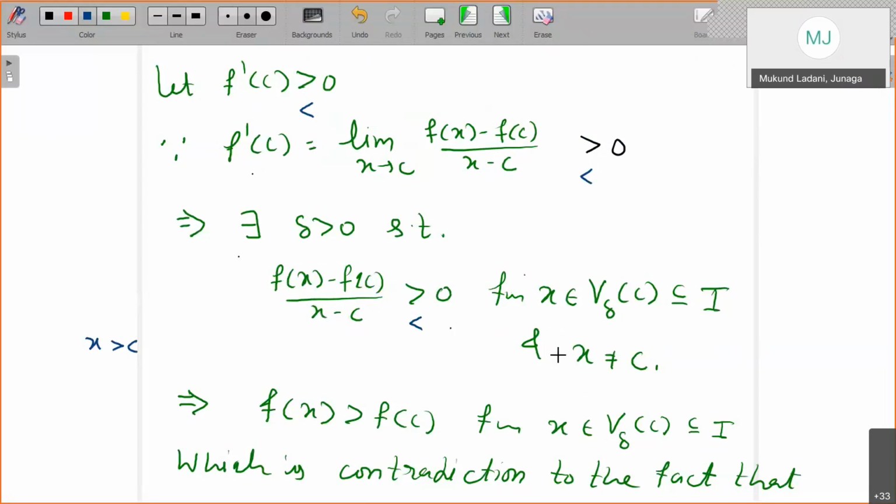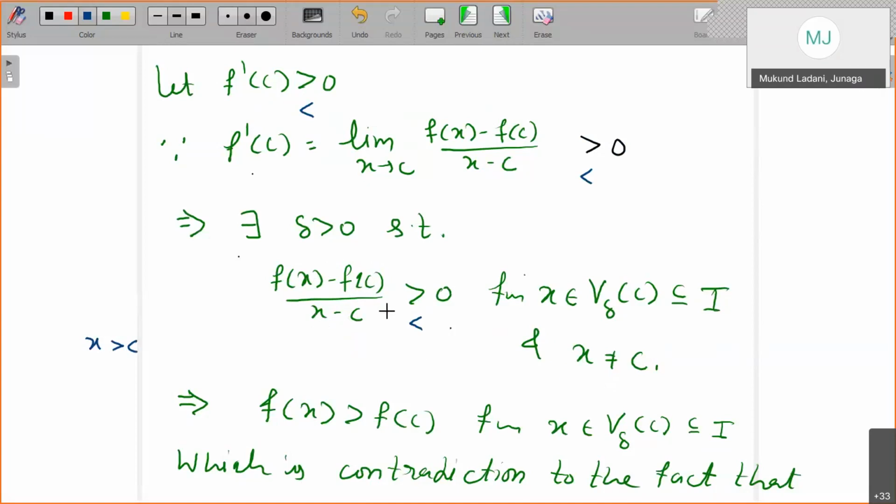It is true for all x not equal to c, so it's true for x less than c and x greater than c. For x less than c, x minus c is negative, and to make this overall positive, f of x minus f of c also must be negative. So this is the fact here.